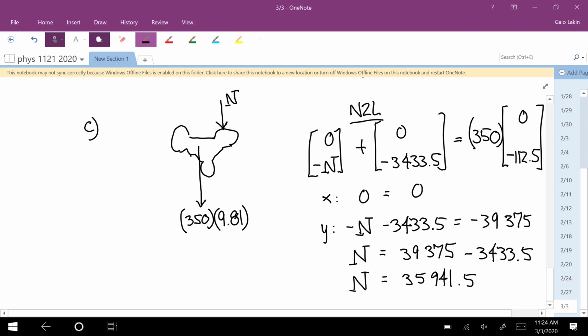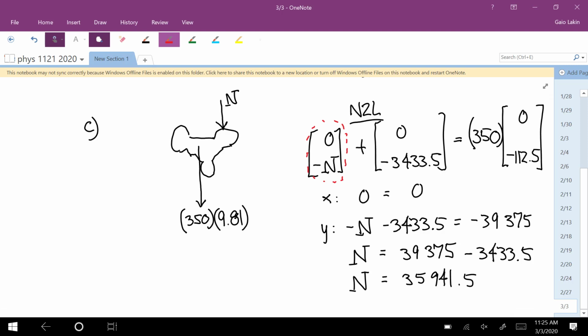So that's the magnitude of that pushing force that the path has to apply to the wheels. The problem asks for the force vector. Well, this is the force vector that's applied to the wheels by the ground. We just didn't know what the value of N was yet.